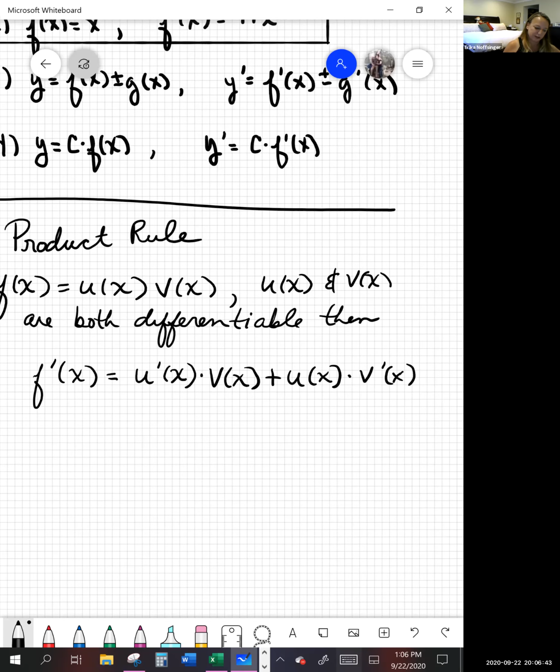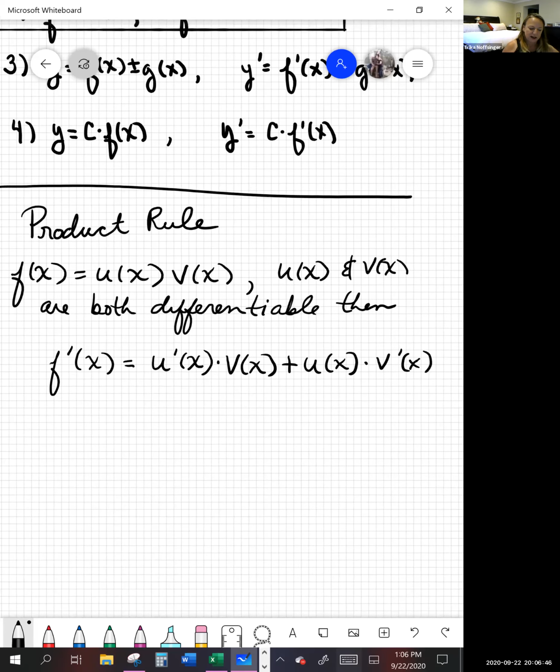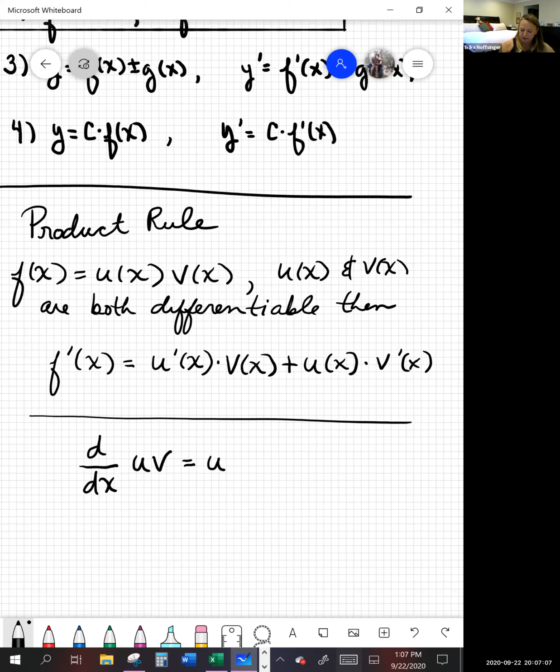Then their product is uv, and the derivative d over dx, which is just another way of writing this, of our function that we're taking the derivative of, which is u times v, is equal to u dv over dx plus du over dx times v.